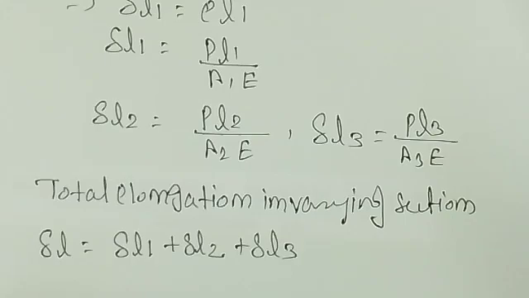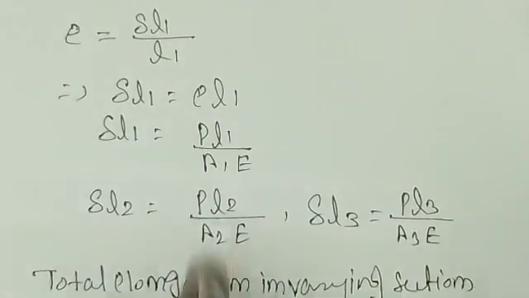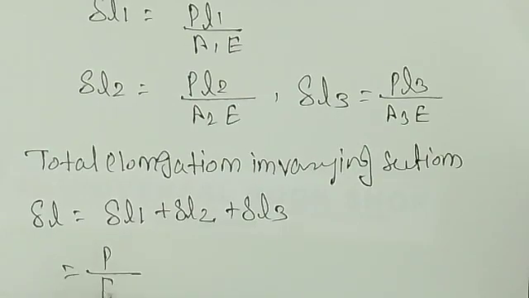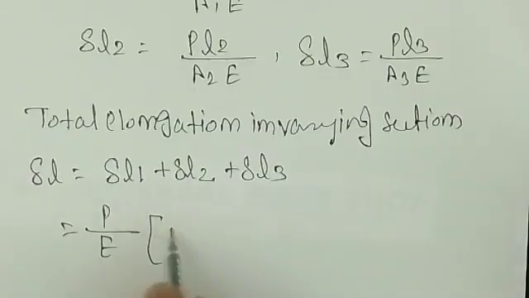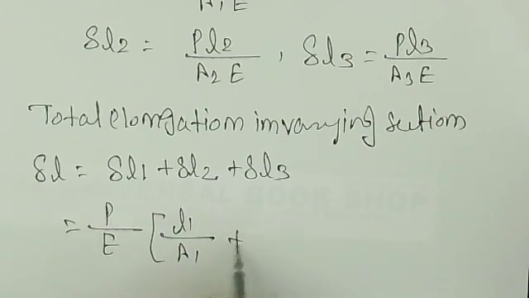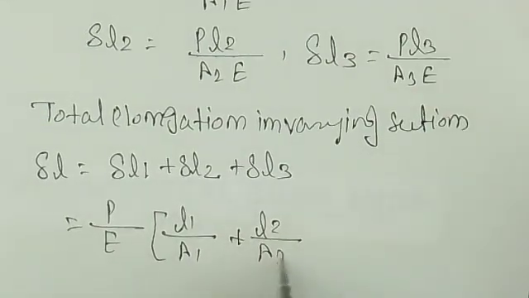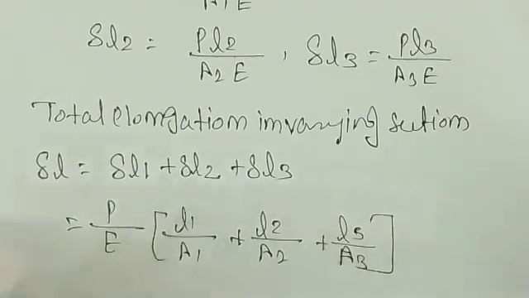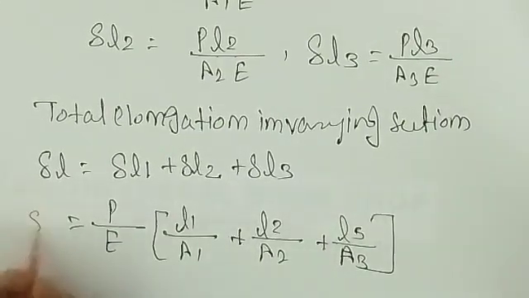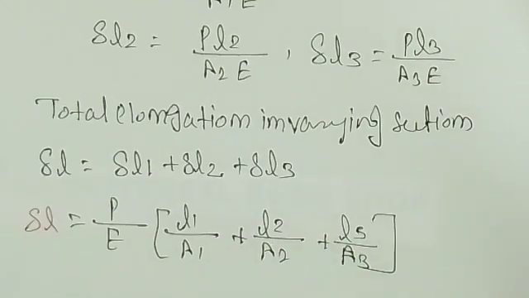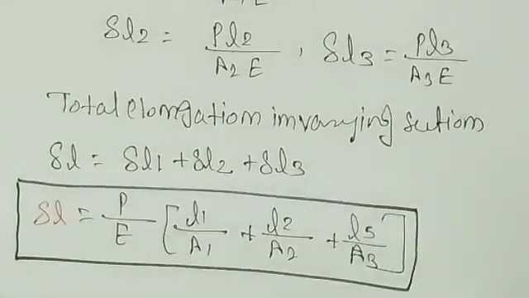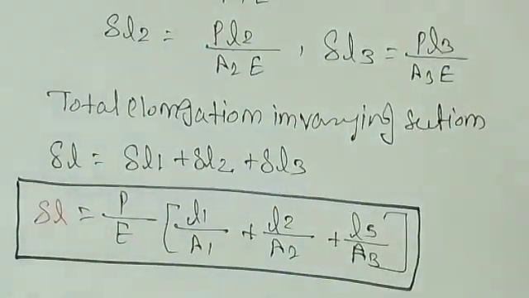When you substitute, P by E is common everywhere, so we get P by E into L1 by A1 plus L2 by A2 plus L3 by A3. This is the total elongation in a varying cross section, the formula for elongation in a varying cross section.